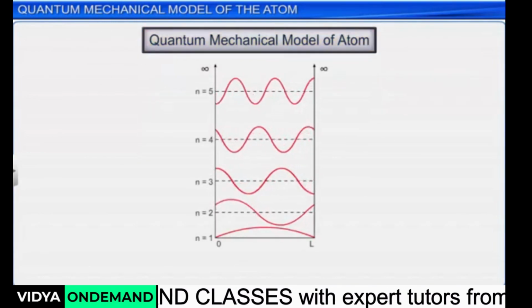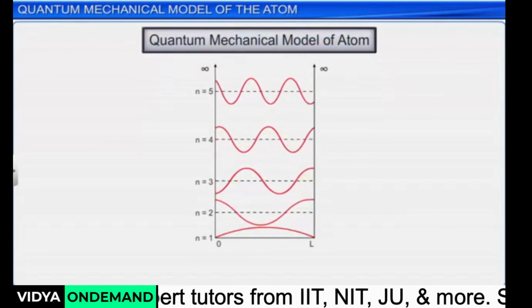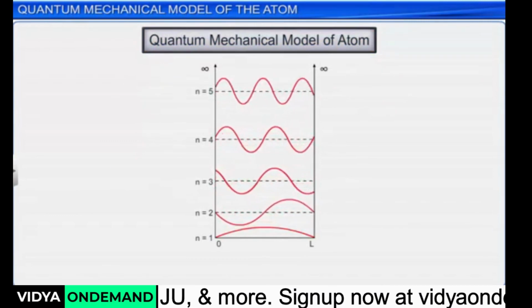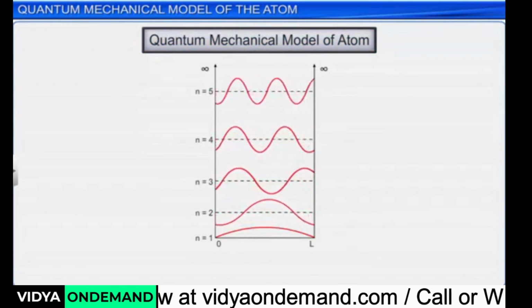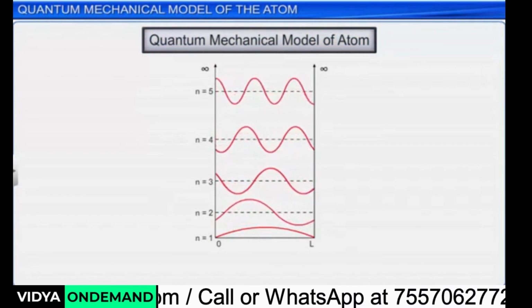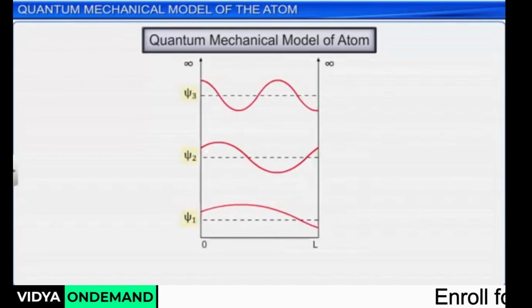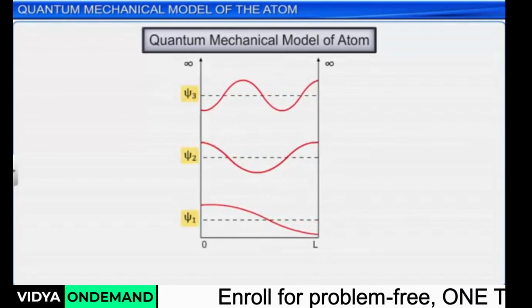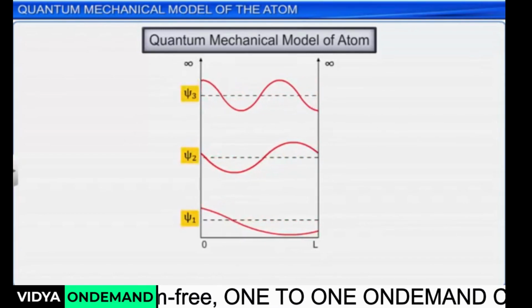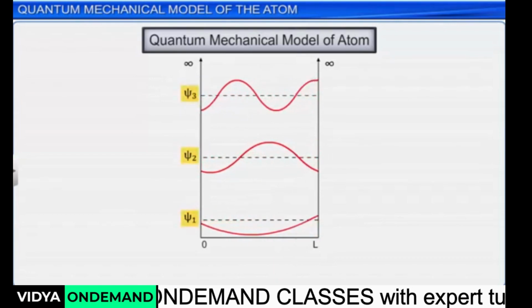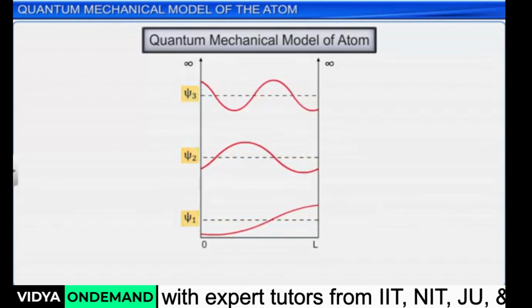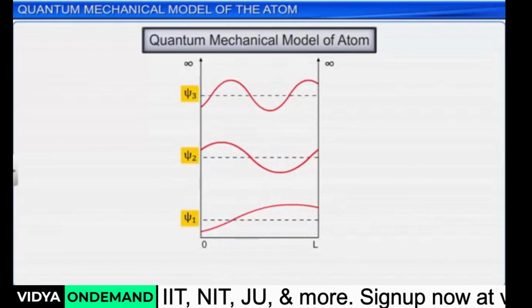According to this model, electrons can only have specific values of energy, which means that the energy of electrons are quantized. The quantized energy values that result from the wave-like properties of electrons can be calculated along with the associated wave functions, psi, using the Schrödinger wave equation.